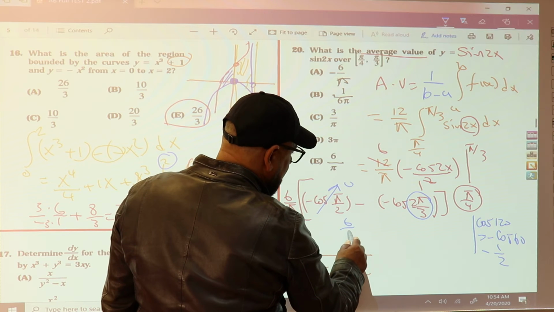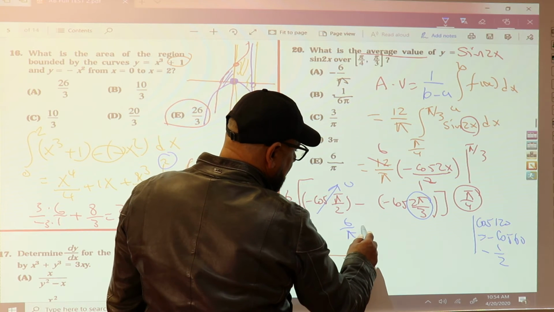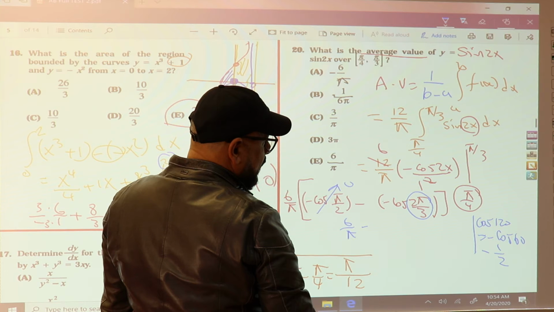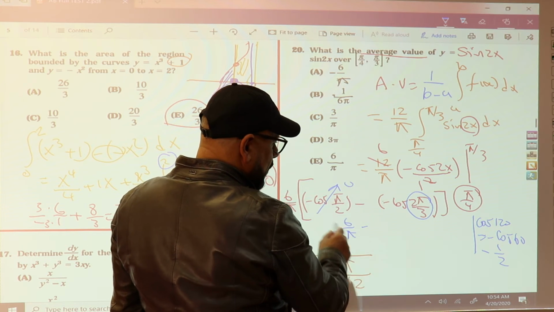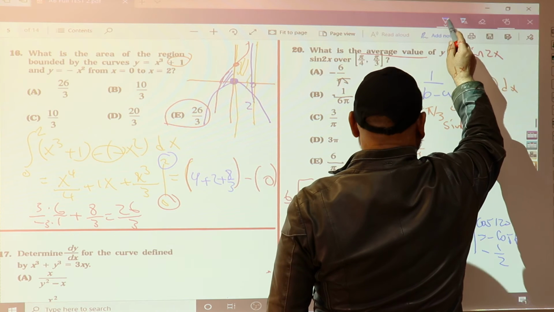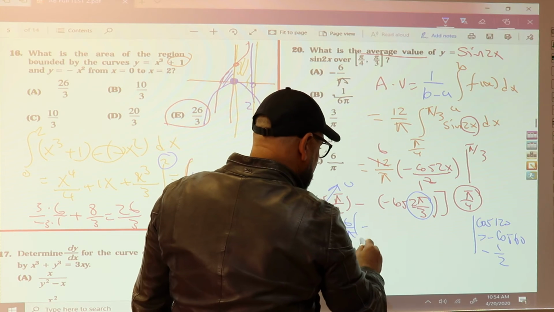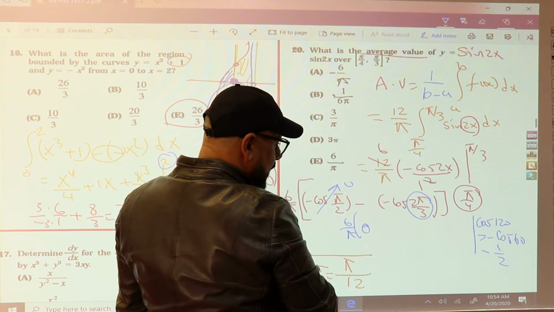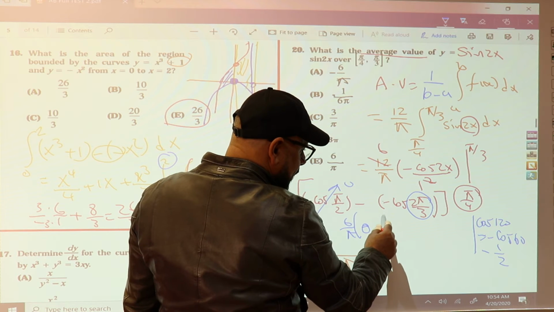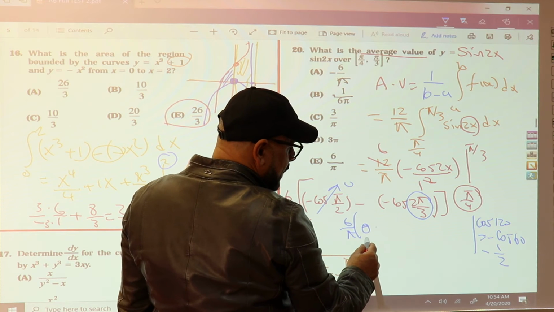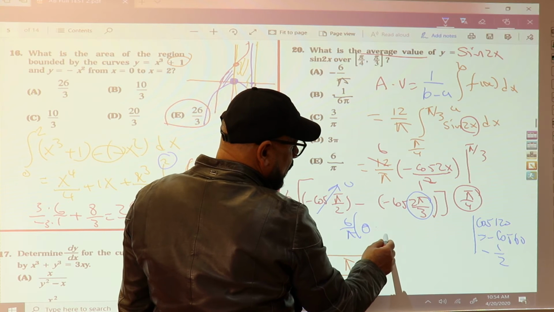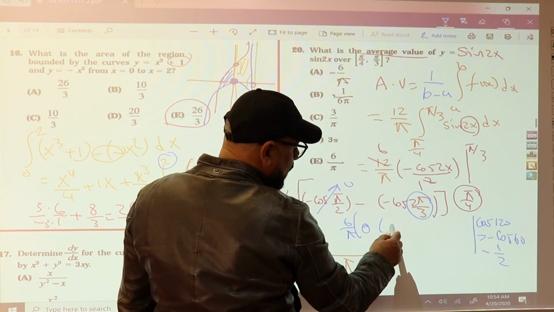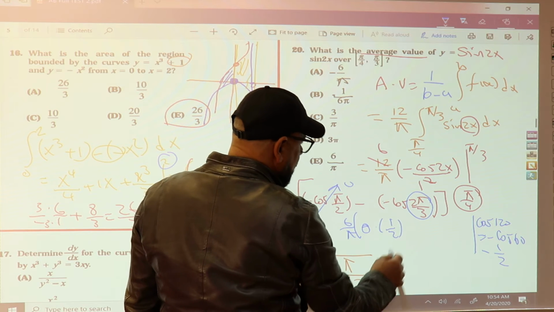6 over pi, right? Minus what we have here. I'm sorry, here's 0. Because we have 6 over pi, okay. 0 from the first guy. And this negative and negative is going to be what? Plus negative what here? 2 pi over 3, 120, which is 1/2.